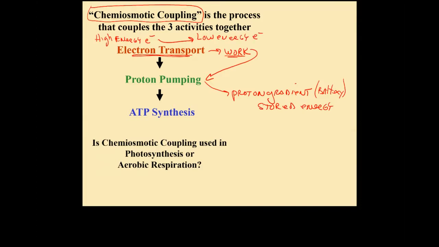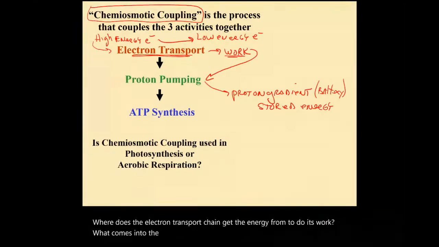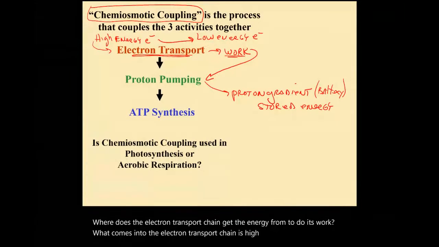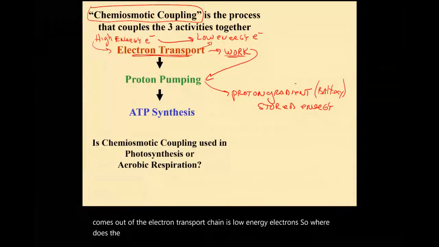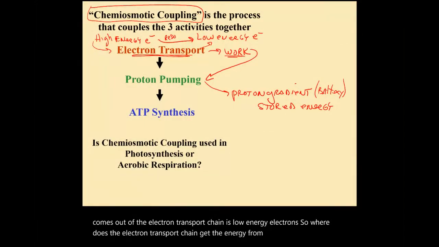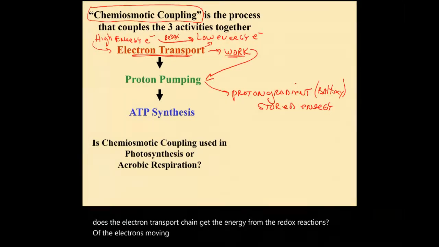Where does the electron transport chain get energy from to do its work? What comes into the electron transport chain is high energy electrons, and what comes out of the electron transport chain is low energy electrons. So where does the electron transport chain get the energy from? From the redox reactions of the electrons moving through. You get it? And then the electron transport chain has to do some sort of work.